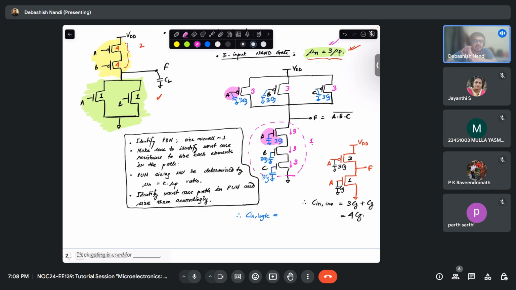So then what is the input capacitance in this case for any particular input? It is simple, right? In the similar fashion, it is 3 Cg plus 3 Cg. 3 Cg contributed from PUN network and 3 Cg is contributed from PDN network. So it will be 6 times your Cg. Is that clear, by the way?